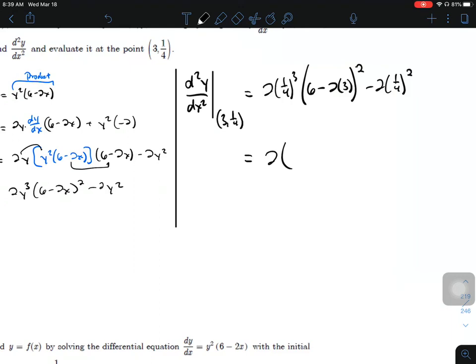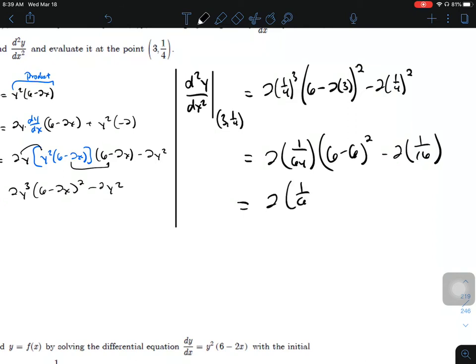1/4 cubed is 1/4 times 1/4 times 1/4. 4 times 4 is 16 times 4 more is 64. Here, 6 minus 6, that's convenient. That's super convenient. It makes this calculation real easy. So we got 2 times the 64th times 0 squared.